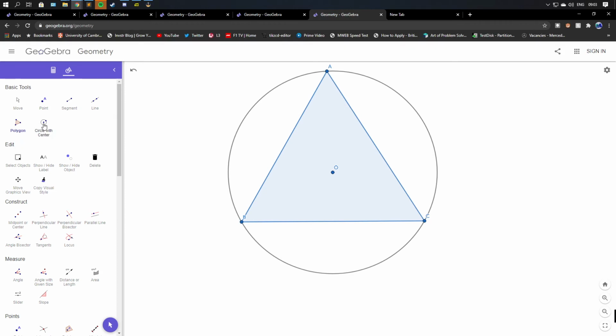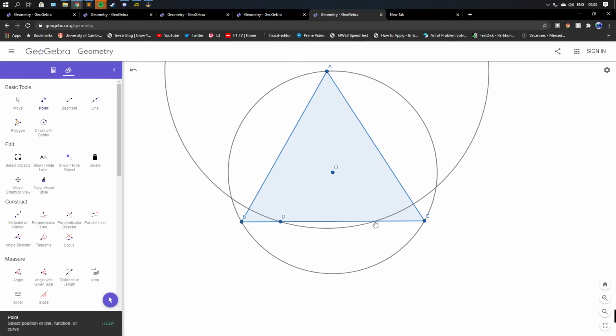And then we have a circle with center A that intersects here at, whoops, hang on, let's do that a bit better. Intersects at points D, and we're going to have a point E there.